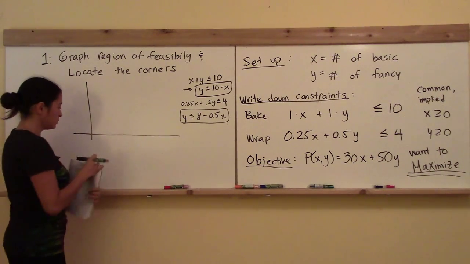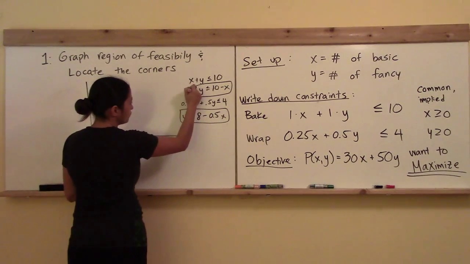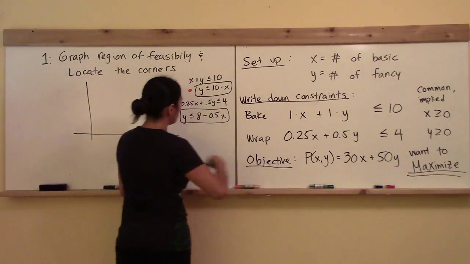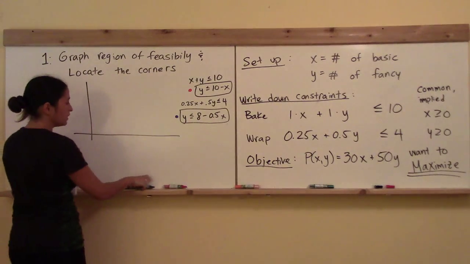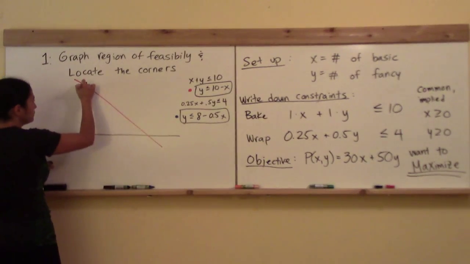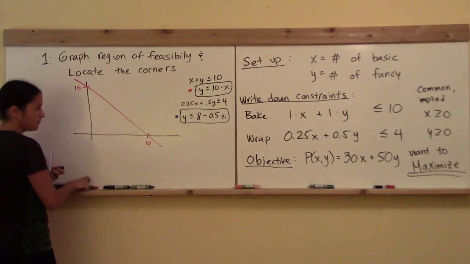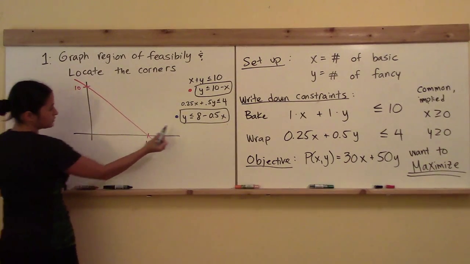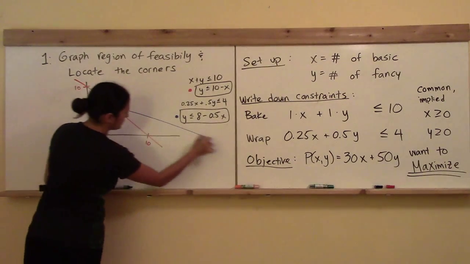Okay? Because that way, once you have it in that form, maybe I'll use a little color again. I'll use this one in red, and I'll do this one in blue. Okay, so my red one has a slope of -1 and a y-intercept of 10, which means it's going to go through 10 right here, and it's going to go through 10 down there. Okay, my other one has a y-intercept of 8, and it has a little bit of more relaxed slope like this.